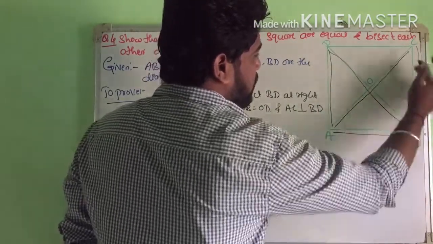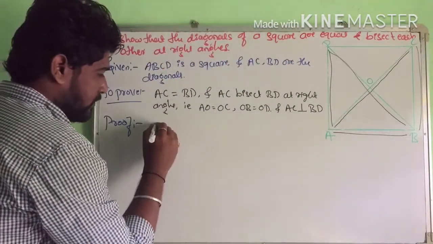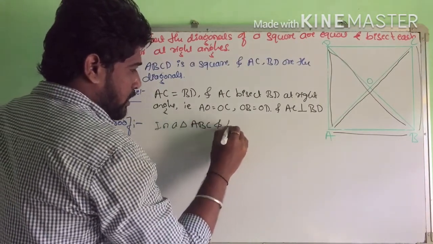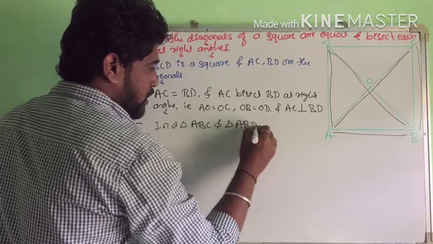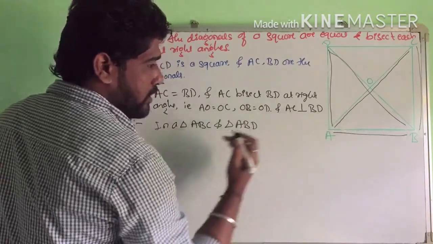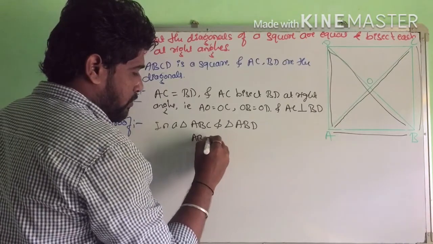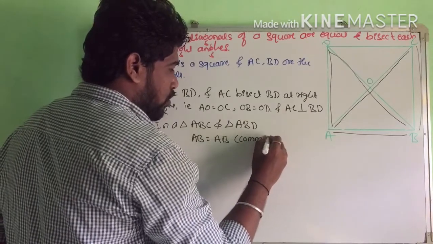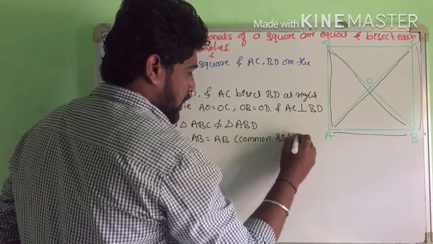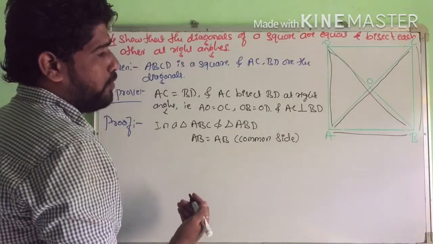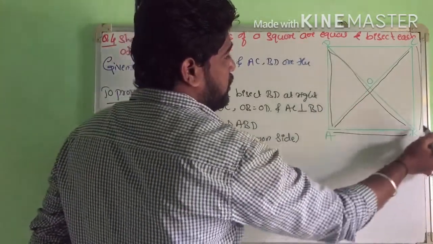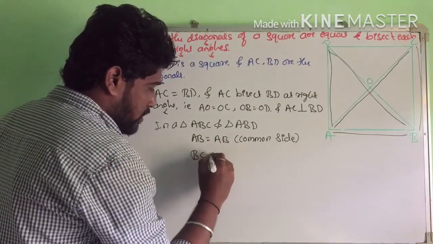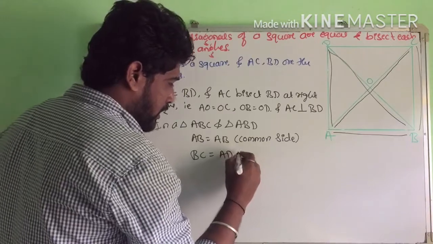In these two triangles, in triangle ABC and triangle ABD, AB is the common side. AB is equal to AB, the common side. And AD is equal to BC because ABCD is a square. BC is equal to AD.